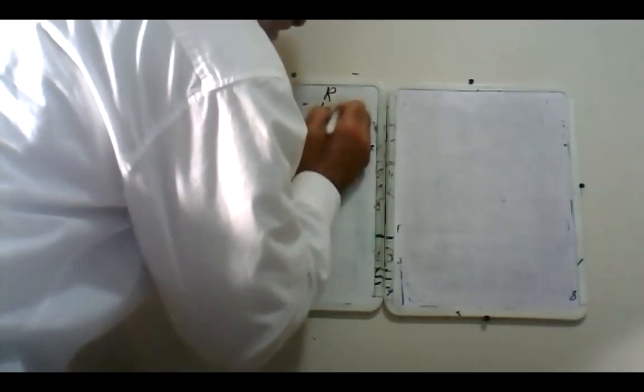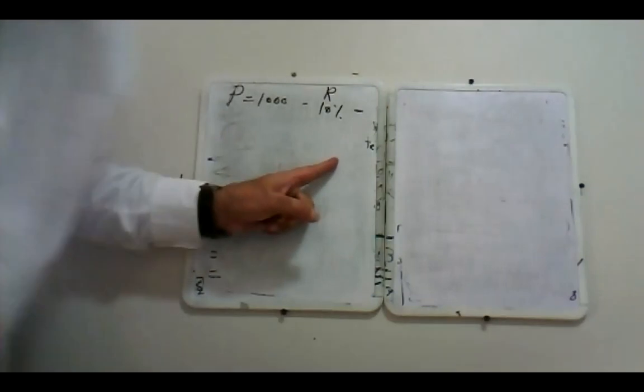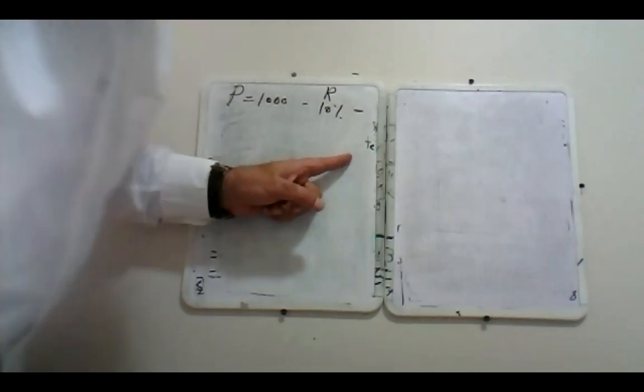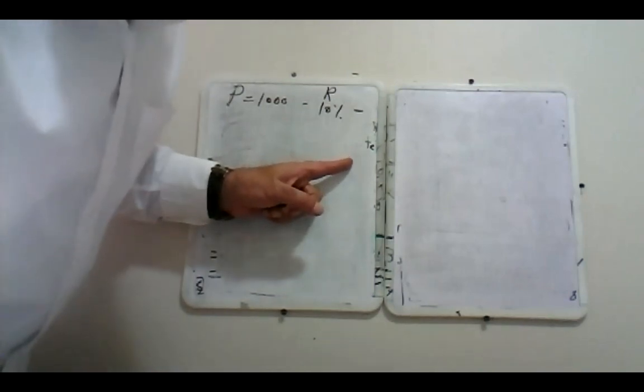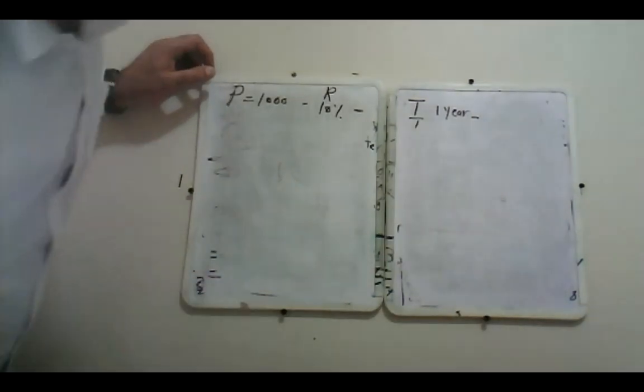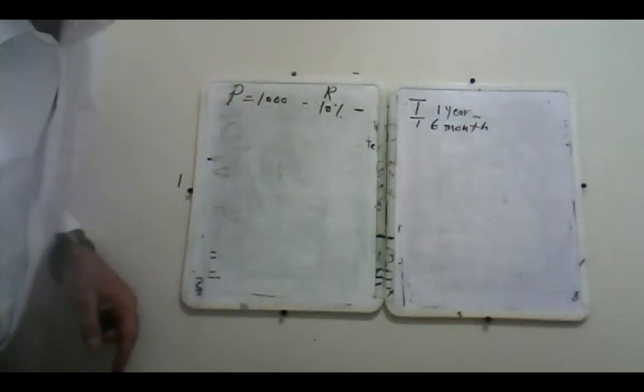I also have the information that the interest rate is 10%, so R is 10%. I want to calculate it once in a simple and once in a compound rate, if the time was 1 year, or the time is 6 months, and if the time was 3 years.